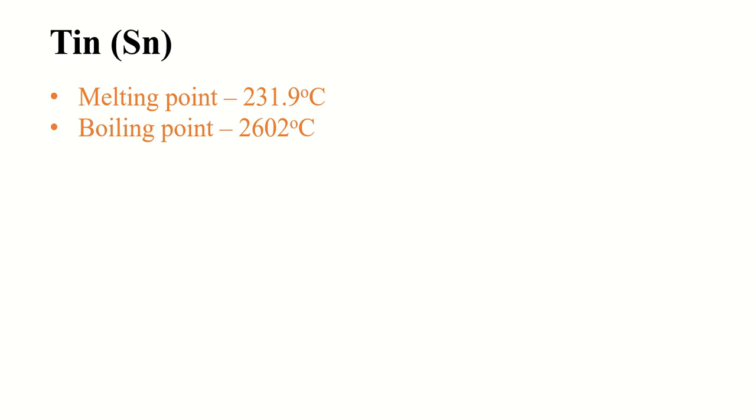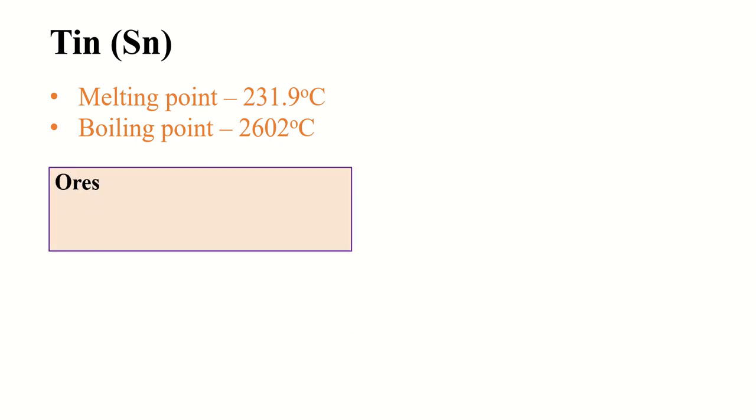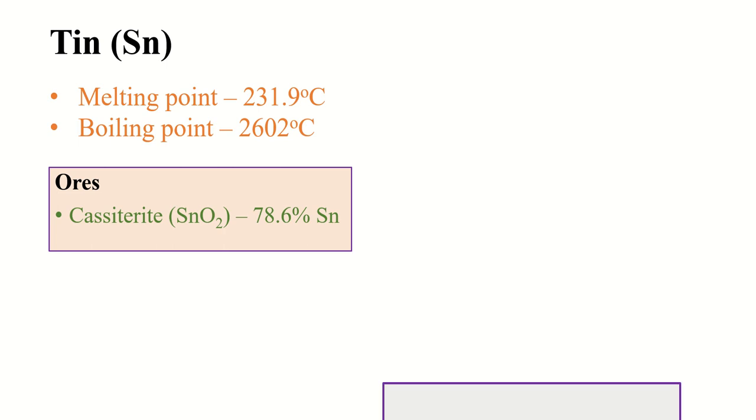Tin also has very important applications for making foil and tins, and collapsible tubes, and for the formation of some other alloys like bronze, which is also made by mixing the tin with copper. And important ore is the cassiterite SnO2. This is the very important and principal ore of the tin.